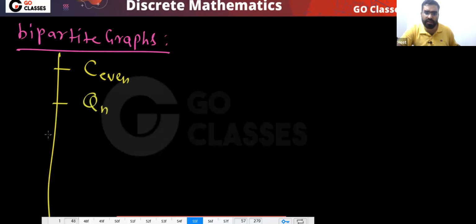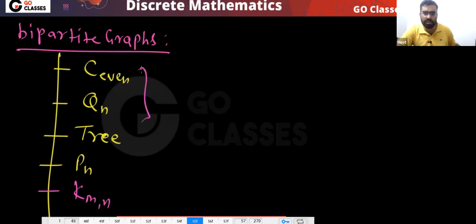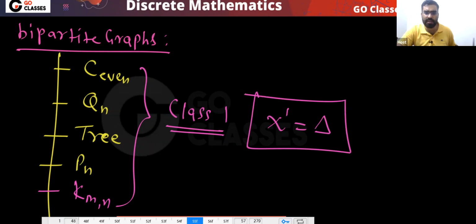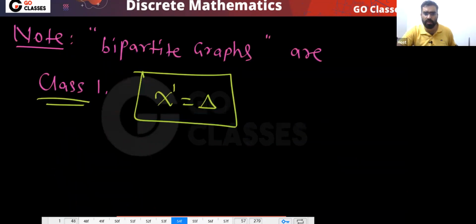Also, for example, Qn, the hypercube graph, every tree, Pn, the star graph, and K m,n. All these are class 1. Class 1 means for them, the edge chromatic number will be equal to their maximum degree. All these graphs are bipartite graphs. Okay, so this is the idea.